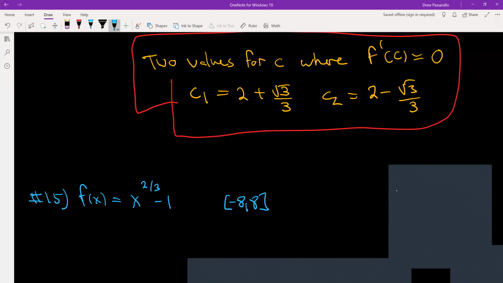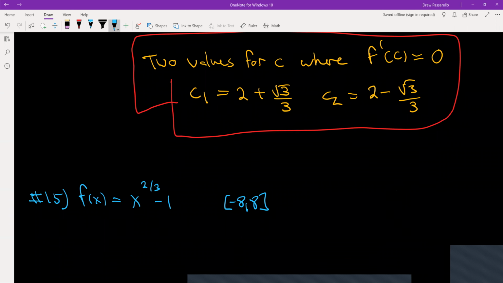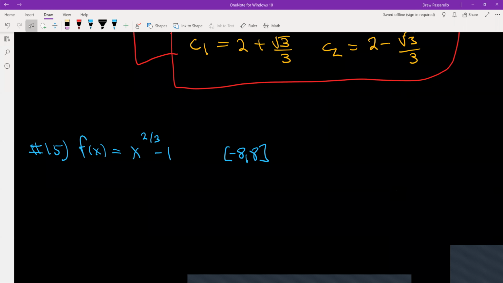All right, so this is number 15, f of x equals x to the 2/3 minus 1 on the closed interval -8 to 8. We're still trying to see if we can apply Rolle's theorem. Now this is an example where the function is continuous for all x in -8 to 8, but it's not differentiable in the open interval -8 to 8.